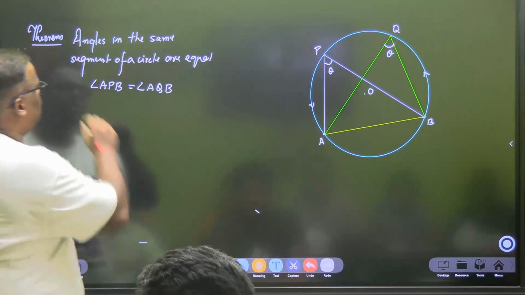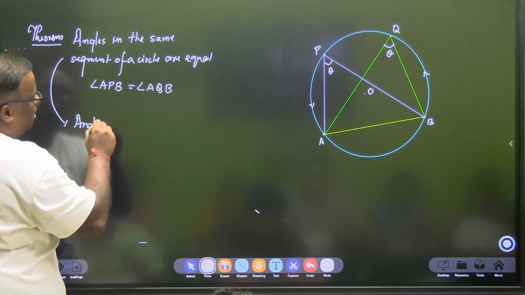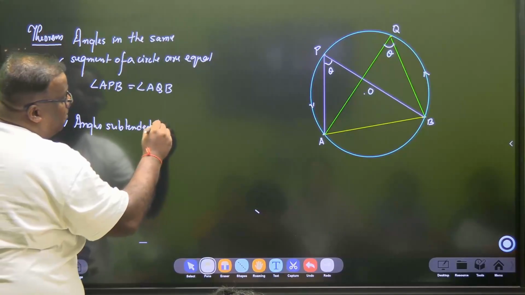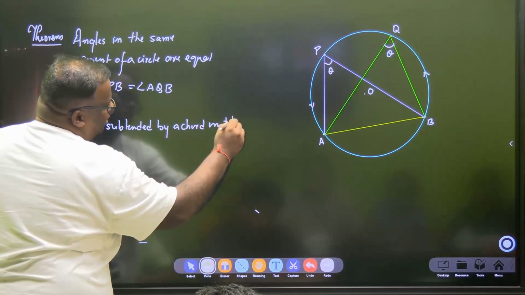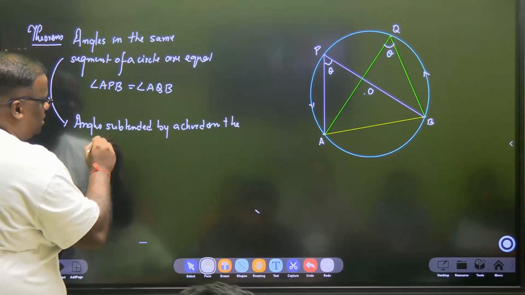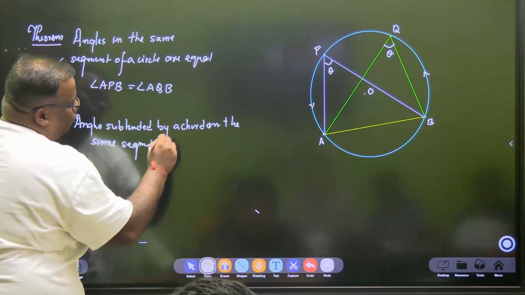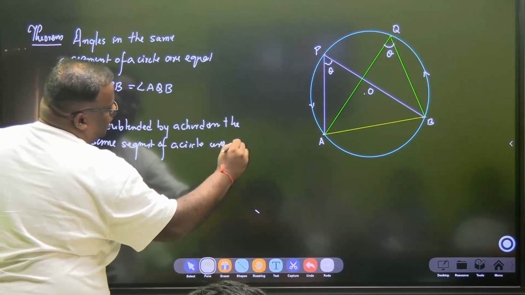Another way to see this statement is: angles subtended by a chord on the same segment of a circle are equal.